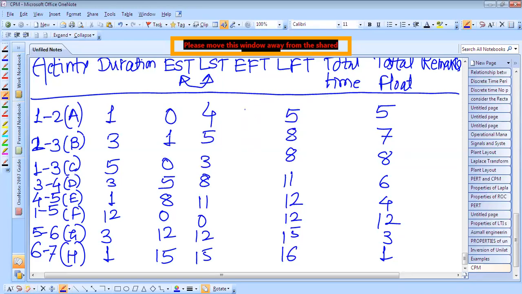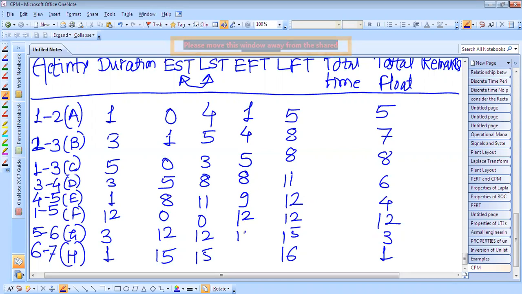Okay, this is 1, 4, 5, 8, 9, 12, 15, and 16. And this is the LFT: 5, 8, 8, 11, 12, 12, 15, and 16.